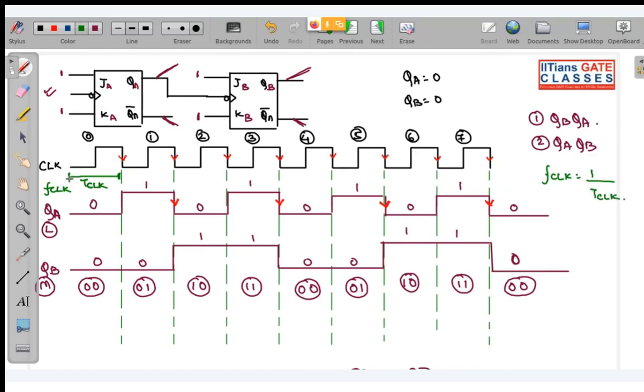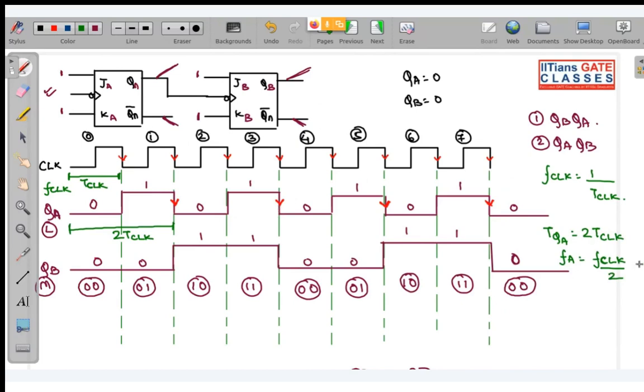If this is TCLK, you can see the time period of QA is 2 TCLK. So the frequency of QA will be FCLK by 2, because the time period is doubling, so the frequency will go half.